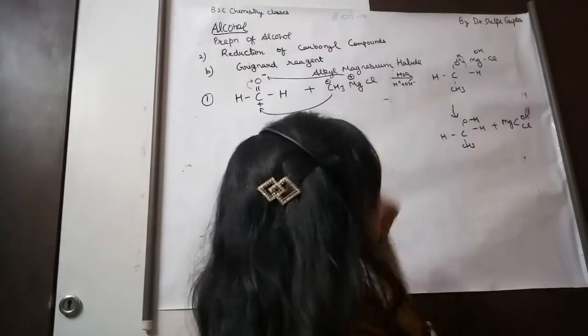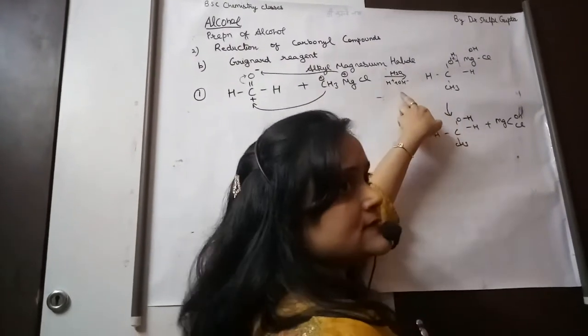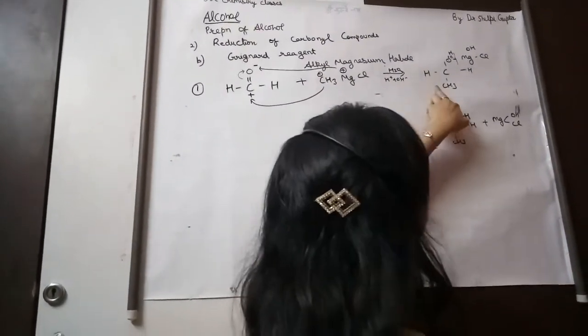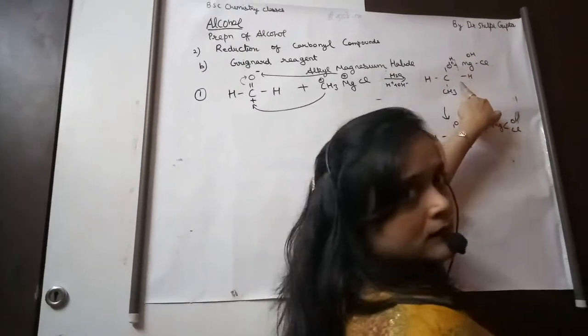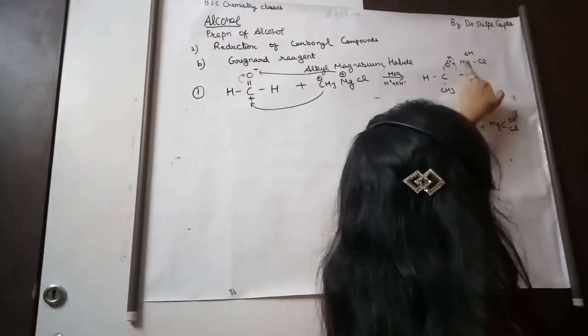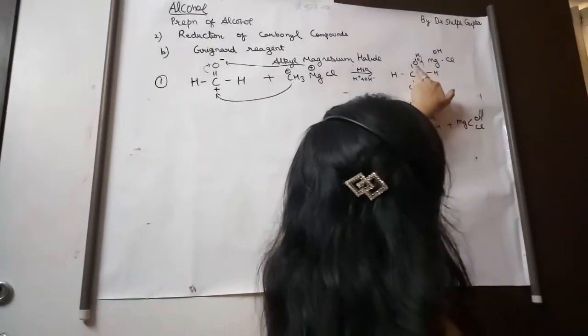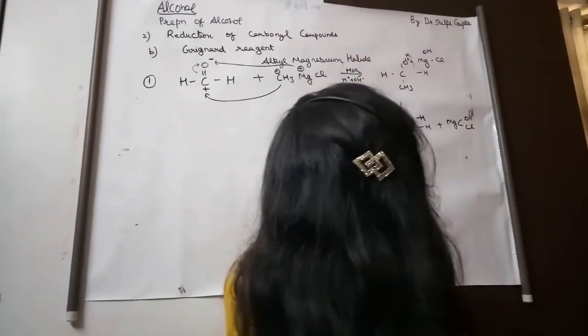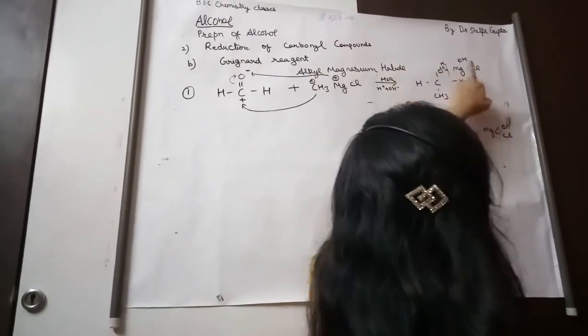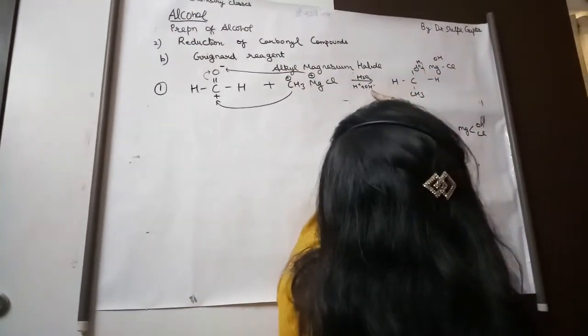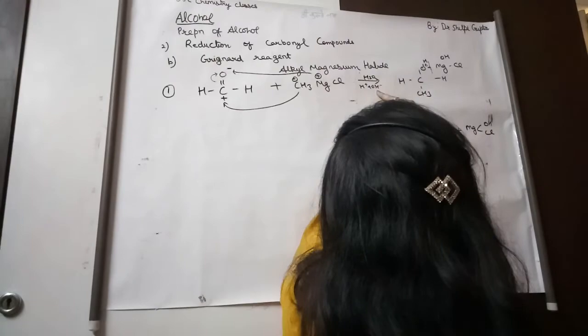When this reaction is further carried out and the hydrolysis is carried out, then what will happen? The H and OH ion will react. Why? Because oxygen has lone pair of electrons, so being nucleophilic, it will attack here, and this is electron deficient, so it will attack here.